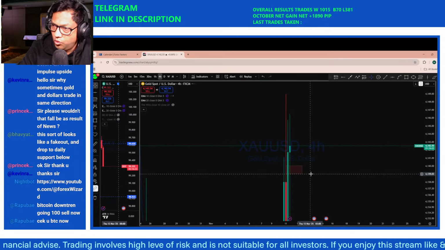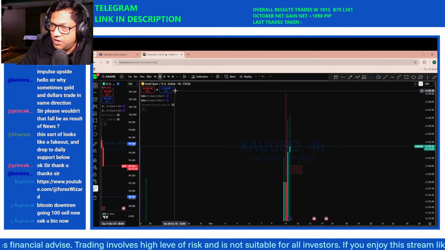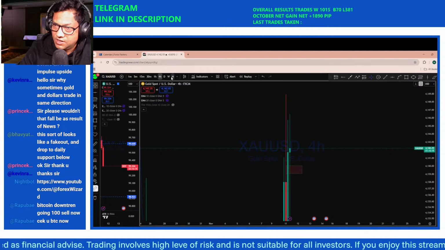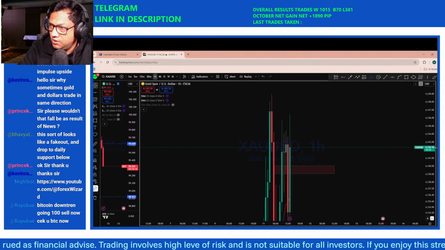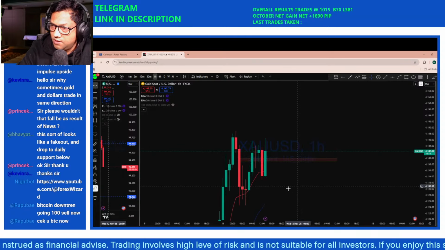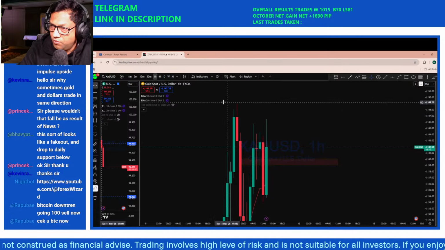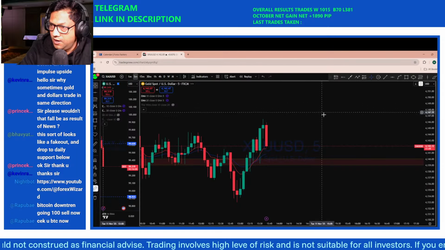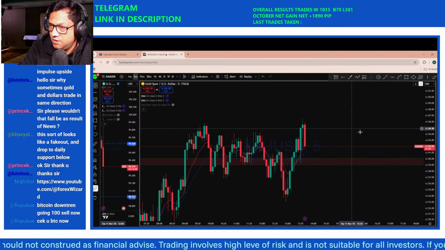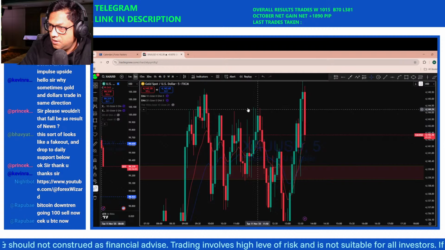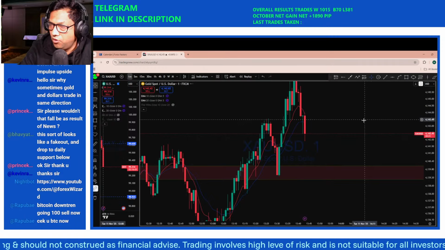So this is the 4-hour support. The market has crossed this previous session's high here from the 1 hour, showing that bullish candlestick formation, and okay, ready for a possible entry.